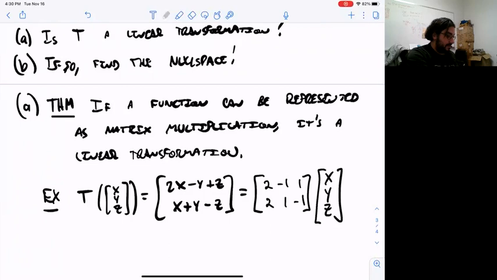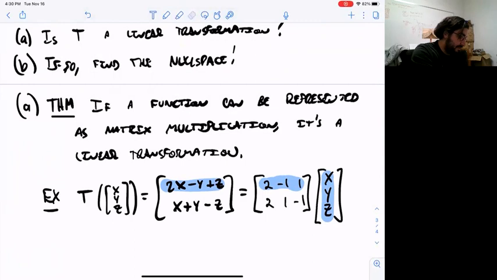And how are we doing this? Matrix multiplication takes the dot product of a row with a column. So here's row by column that produces that formula, right? Because it's 2 times the x plus -1 times the y plus 1 times z.